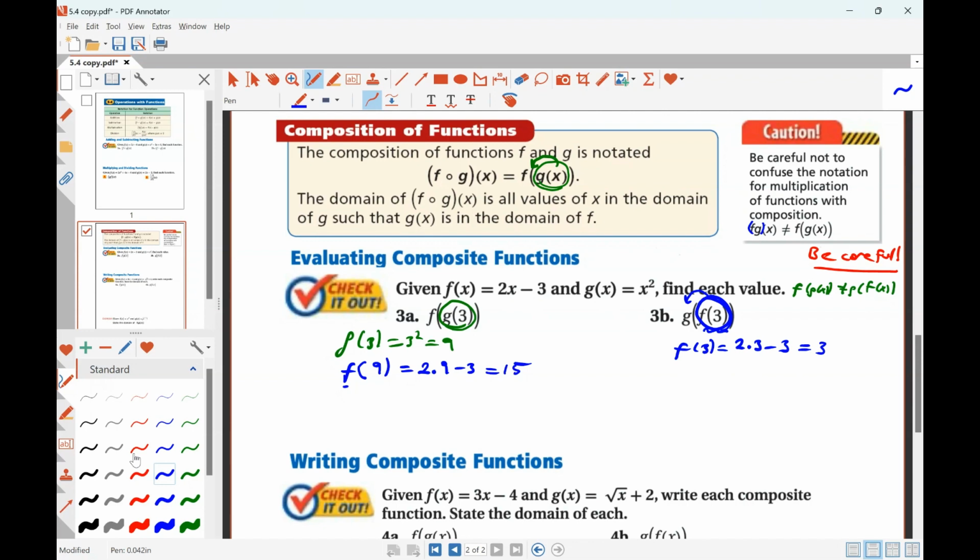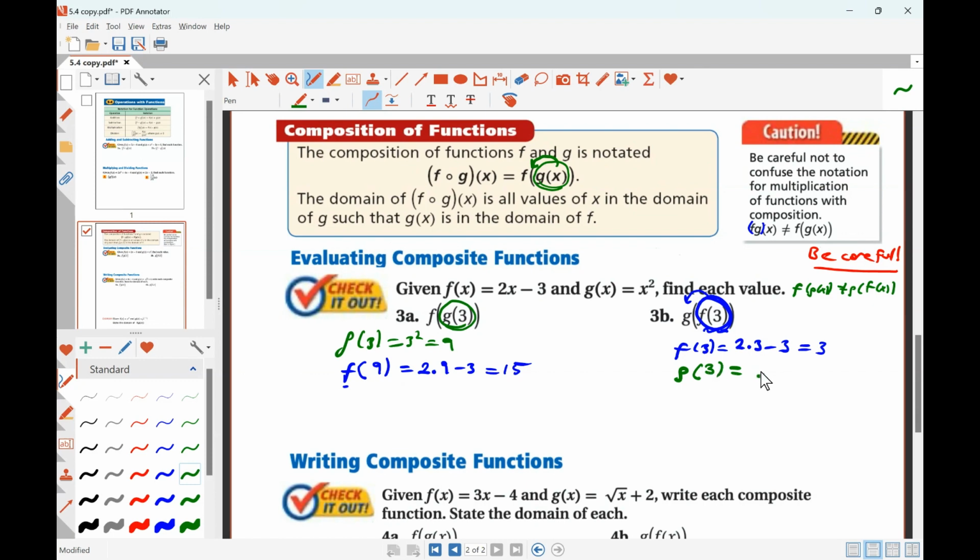And now g of f of 3 becomes g of 3. So plug in 3 for f of 3. Now the output of the inside function becomes the input of the outside function. So g of 3 is the thing we need to evaluate. The g function is x squared. Replace our x with 3.